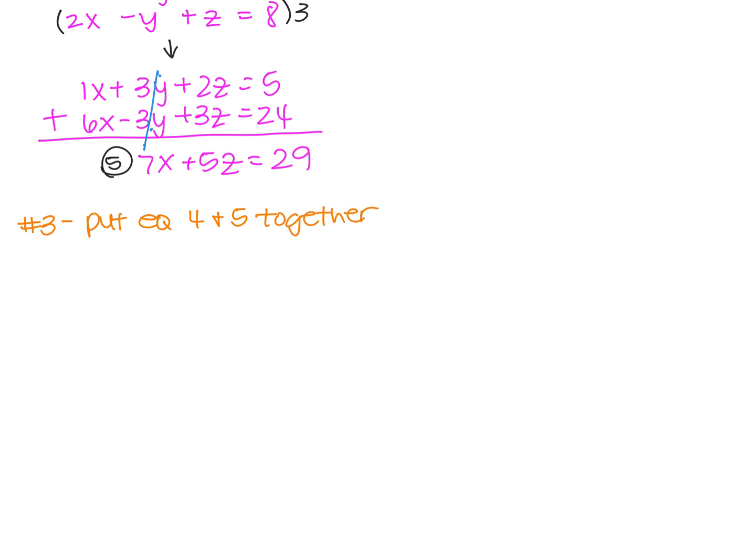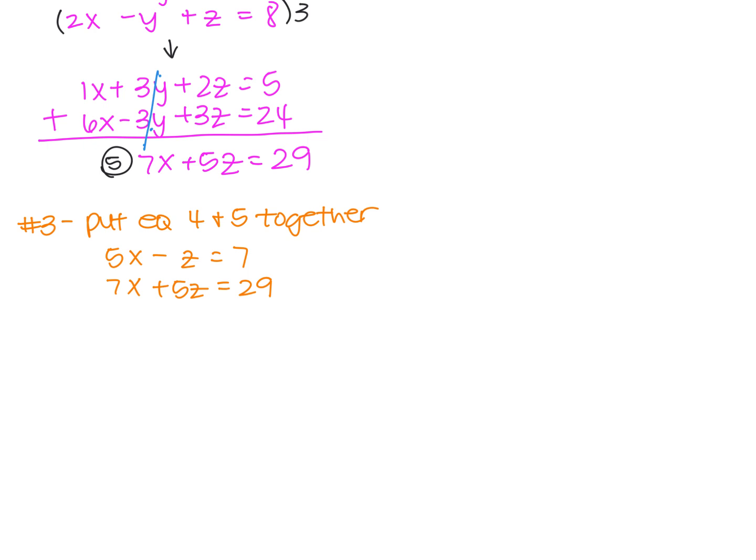So equation 4 was 5x minus z equals 7. And equation 5 was 7x plus 5z equals 29.